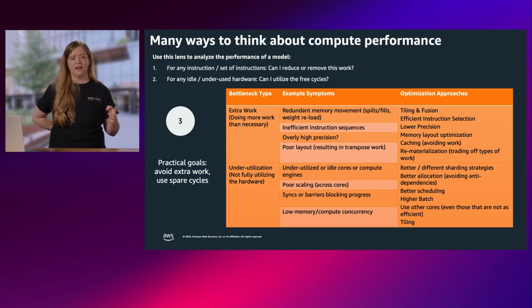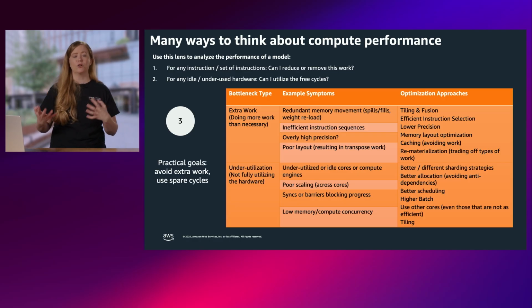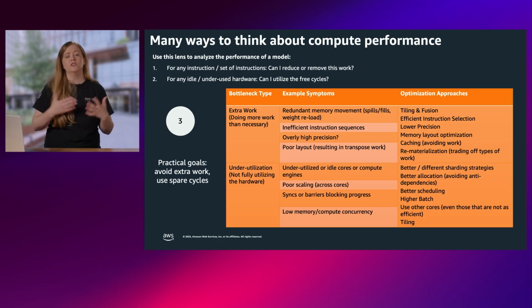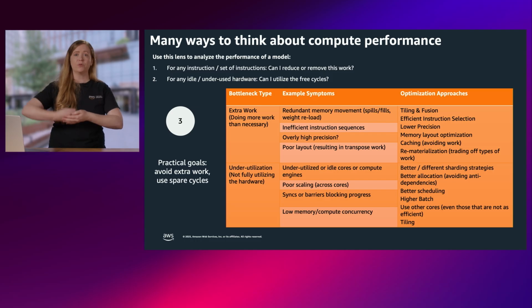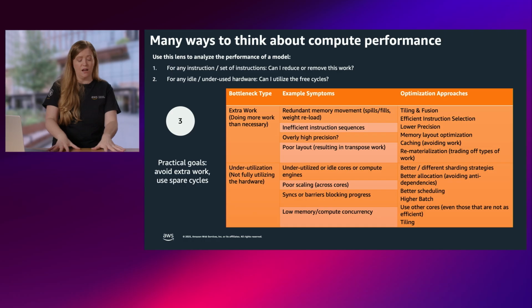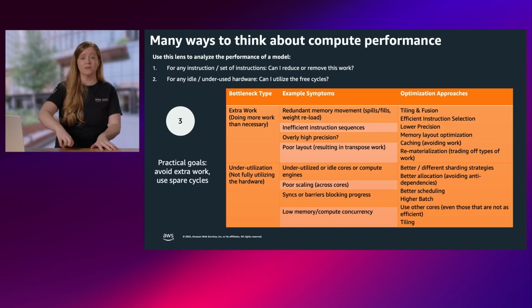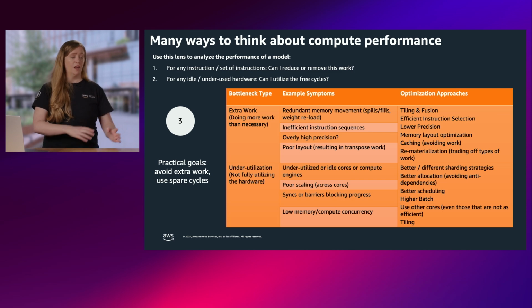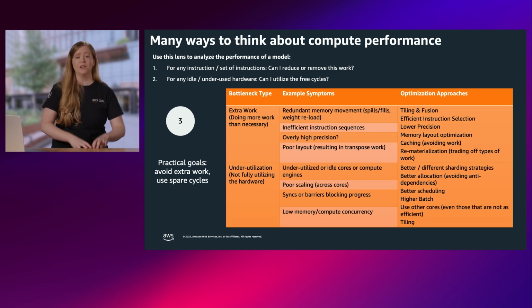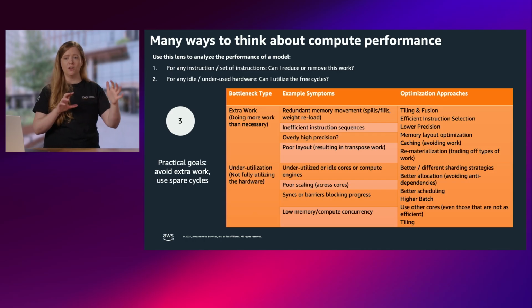Is this work necessary? What you'll find is that a good number of bottlenecks emerge simply because the work is not necessary. The precision of your model might be overly high. The layout of your tensors might be resulting in extra transposes in your matrices. Your memory movement might be redundant. You might have spills, you might have fills, you might be reloading data.